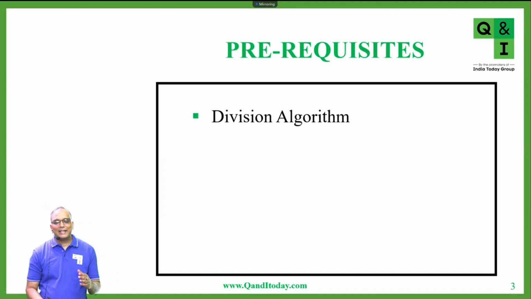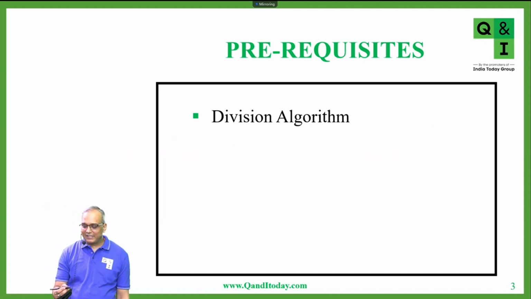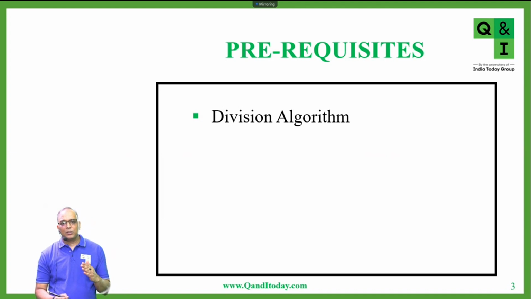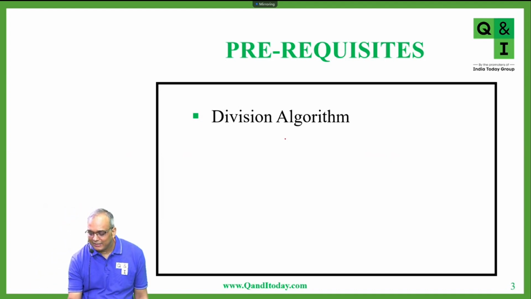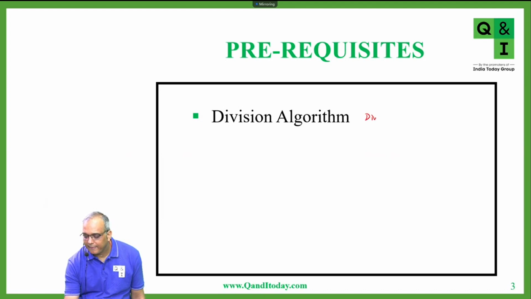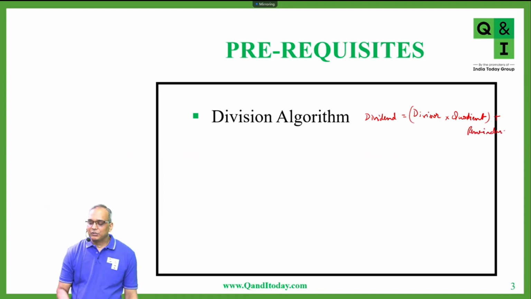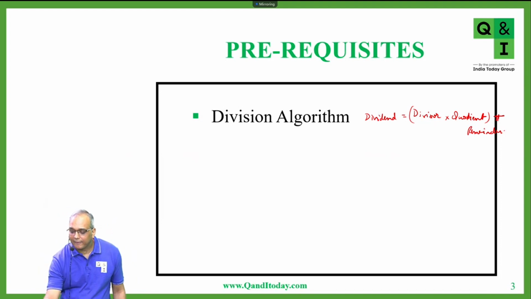So you should understand division algorithm. When we say division algorithm, that means whenever you are dividing one number with another number, the algorithm says that dividend is equal to divisor into quotient plus remainder, right?